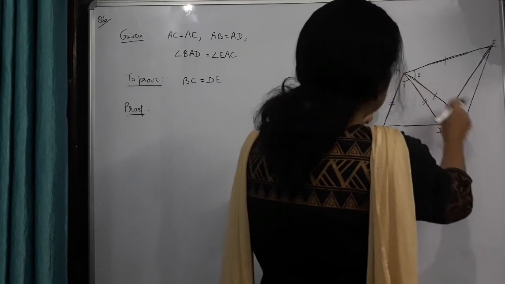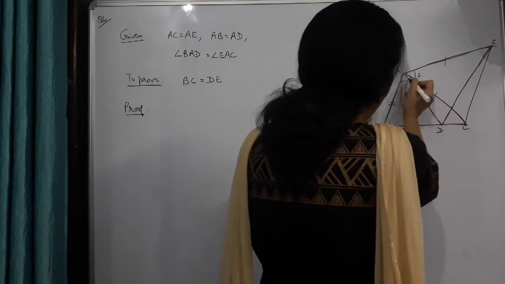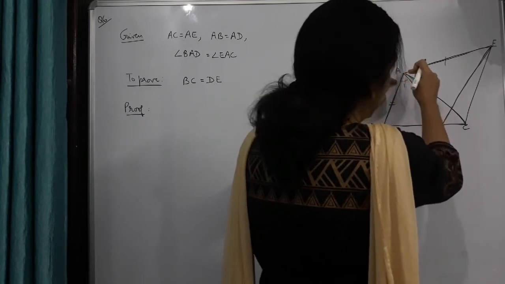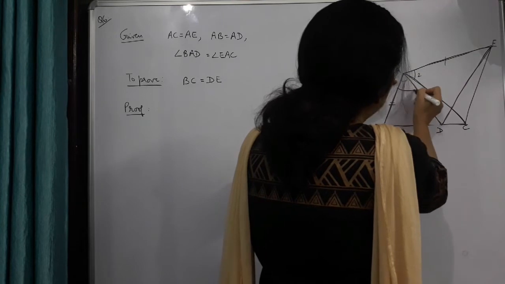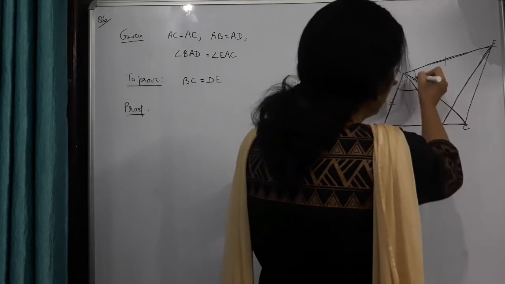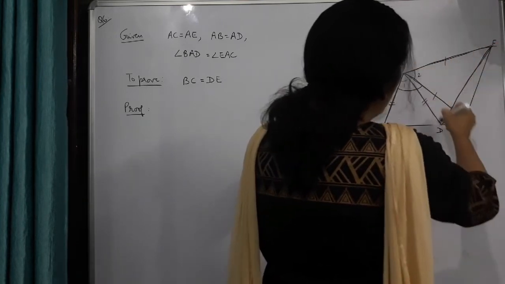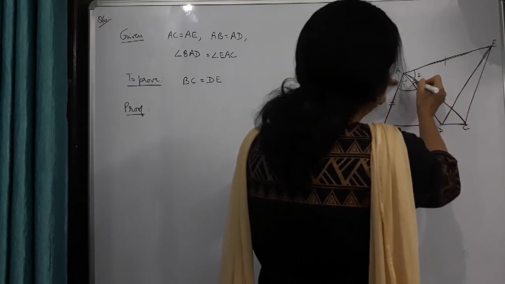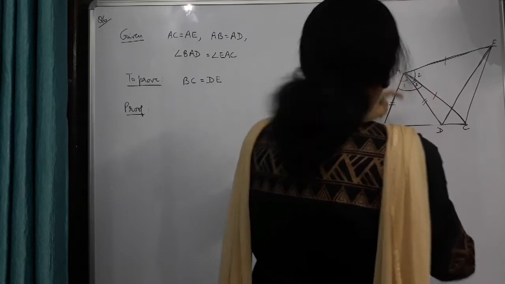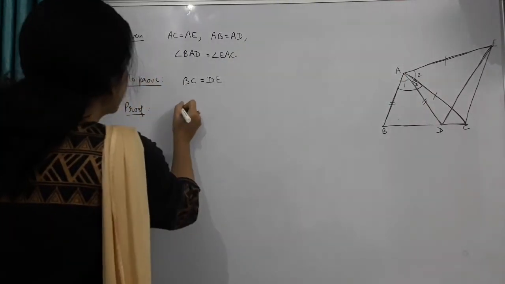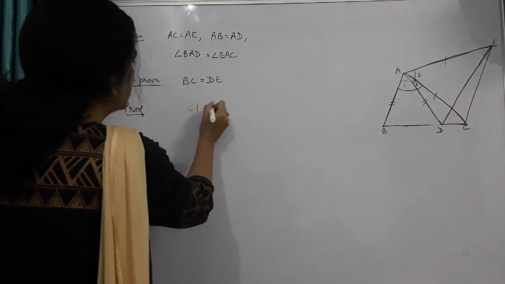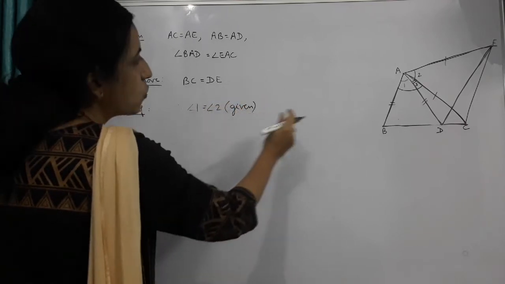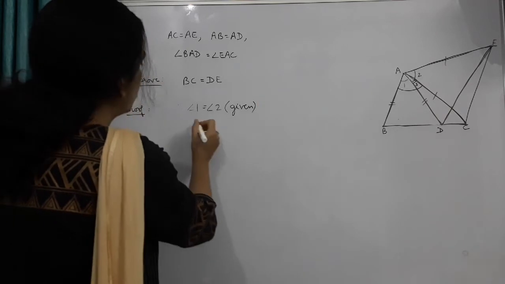Now as you can see in the figure, angle 1 is not the complete angle of triangle ABC. This is the complete angle. And angle 2 is not the complete angle of triangle ADE. So what we do, we take this angle as angle 3. Now over here, since angle 1 is equal to angle 2, this is given to us, we add angle 3 on both sides.